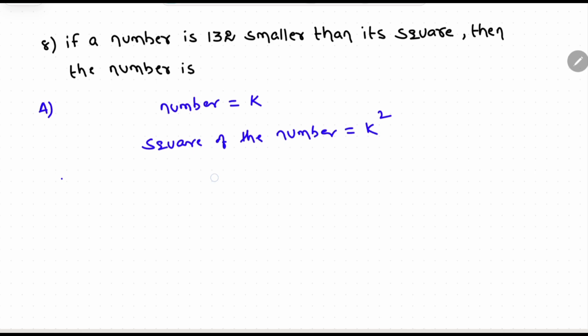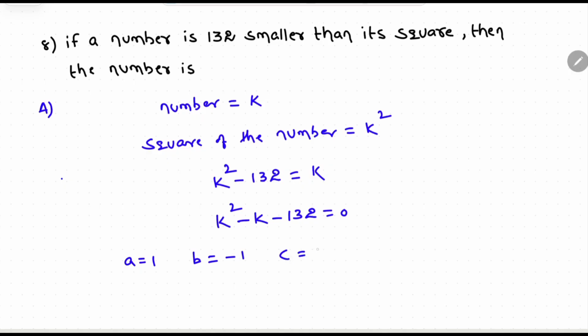So k power 2 minus 132 is equal to the number. So on transposing, we have k power 2 minus k minus 132 equals 0. Now here it is a quadratic equation. Therefore a value 1, b value minus 1, c value minus 132.